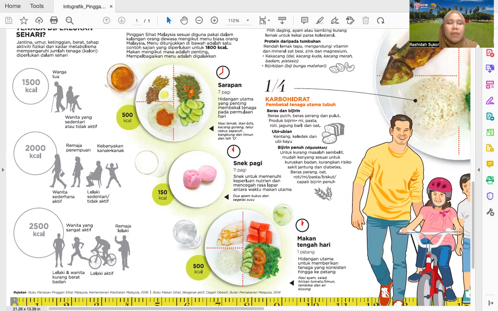So this is your breakfast. Malaysians like to eat nasi lemak, right? So this is nasi lemak with egg, anchovies, peanut, and cucumber. And maybe this is sayur kangkong. I think some places, they eat kangkong with nasi lemak.